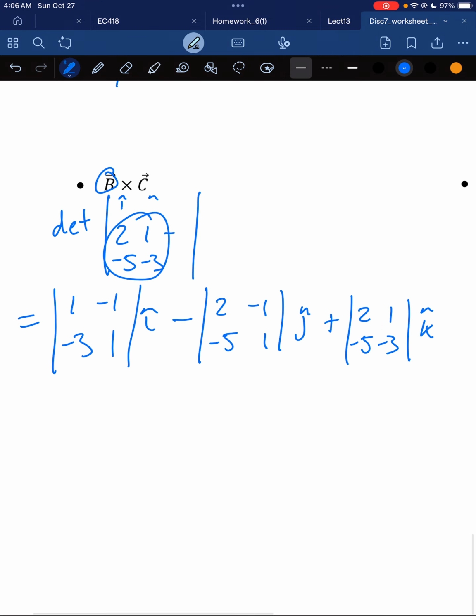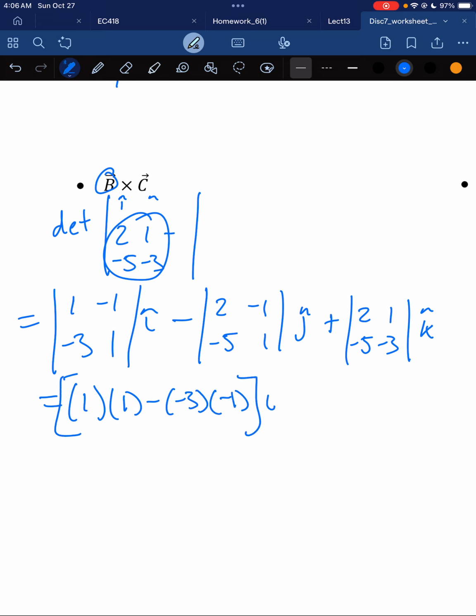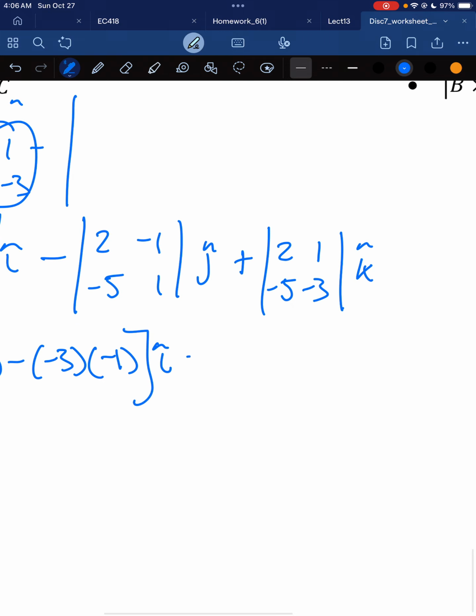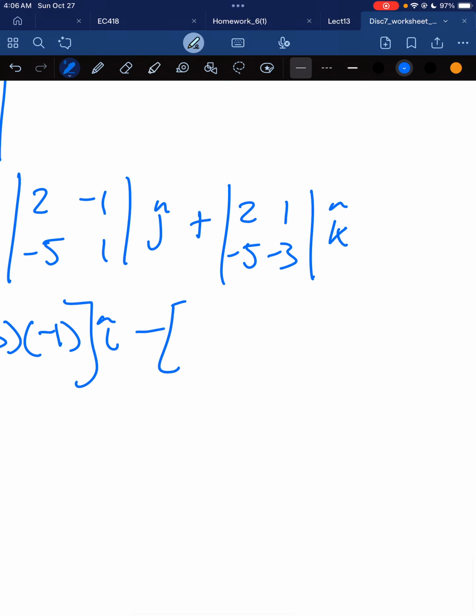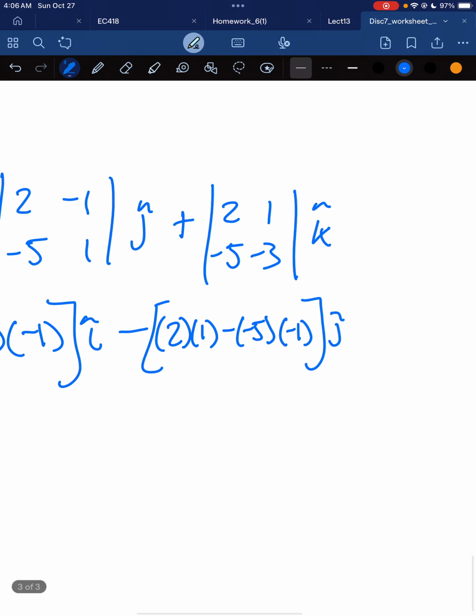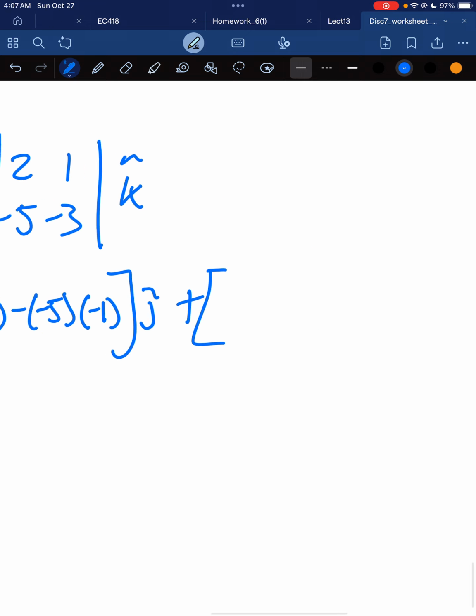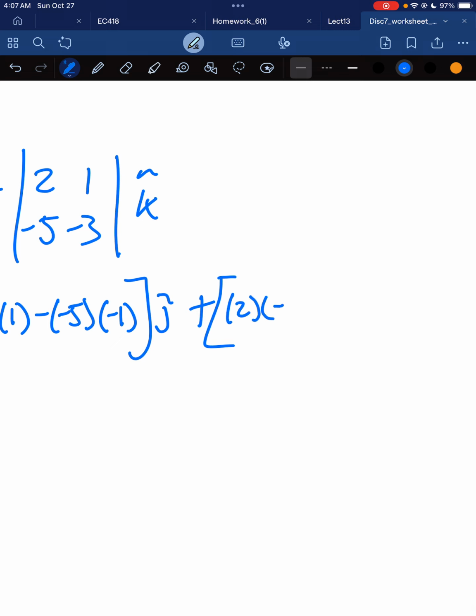And then I'm going to take the determinant of each of these 2x2 matrices, and I'm going to get 1 times 1 minus -3 times -1, and this whole quantity is going to be for my i hat component, minus 2 times 1 minus -5 times -1 for my j hat component, plus 2 times -3 minus -5 times 1 for my k hat component.